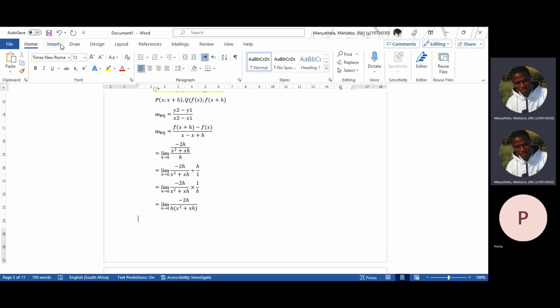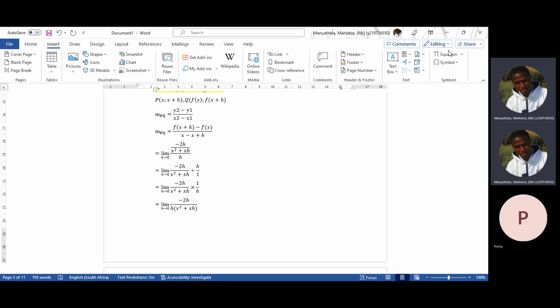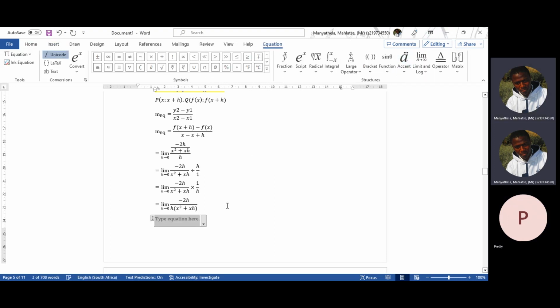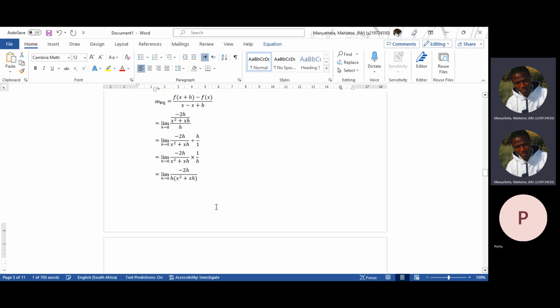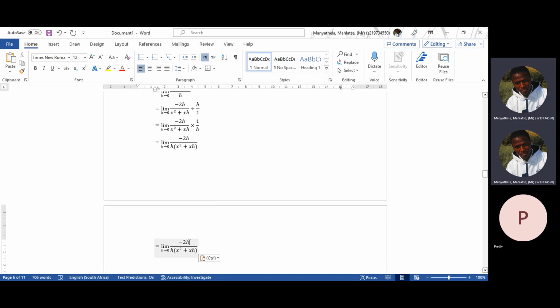So h cancels h, and let's just continue with that limit. So I'm saying this h will cancel the h, and then we are left with negative 2 over x squared plus xh.